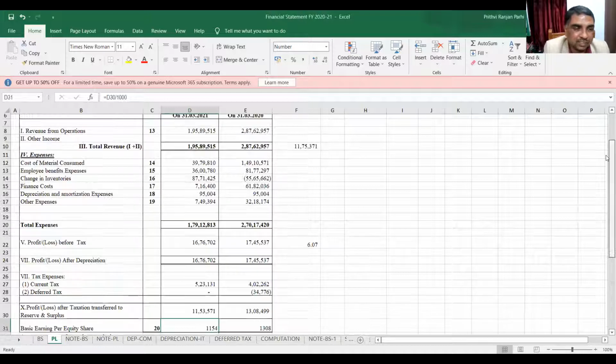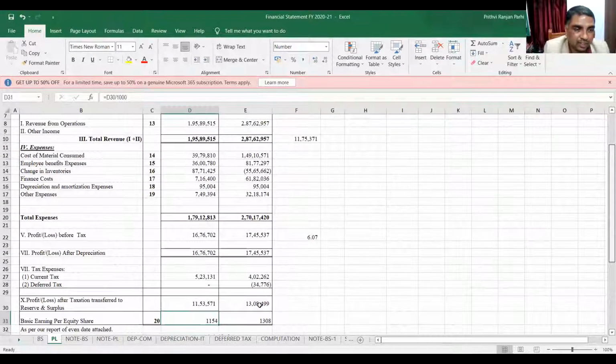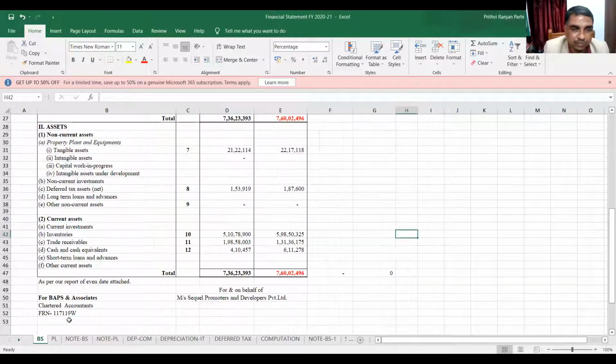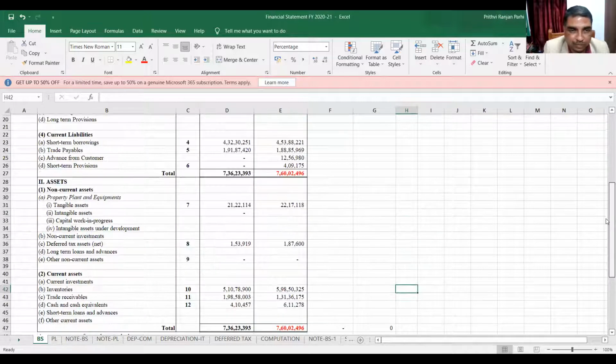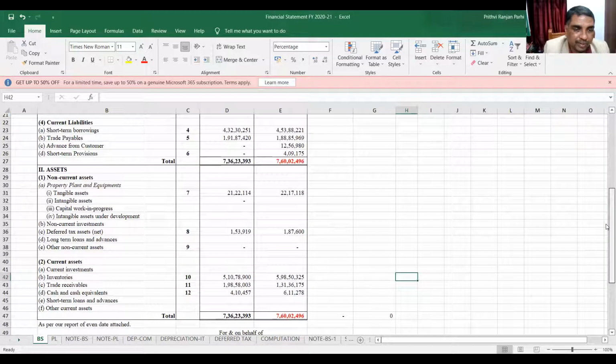We'll do one thing: let us refer to the company's balance sheet, book value of assets and book value of liabilities. What is the book value of assets? Sorry, let me show you the balance sheet page. You can take the total figure.